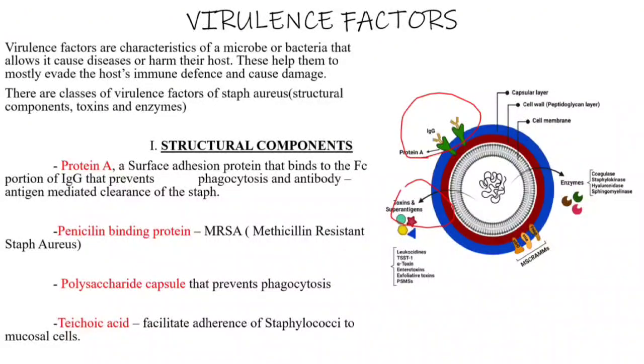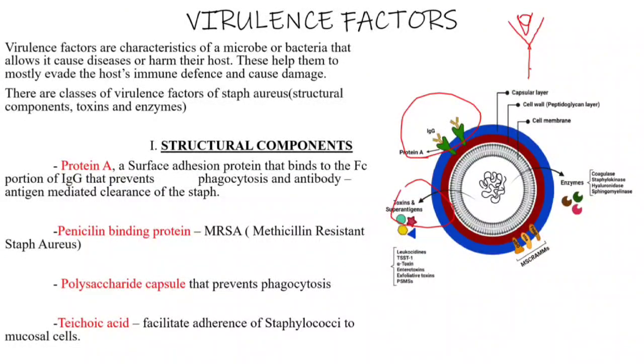This is how an antibody looks. So this is IgG. This is the Fc region, and this is the variable region. Usually the antigen binds to the variable region. This is supposed to have a complementary shape.